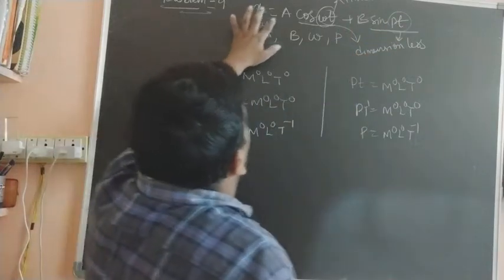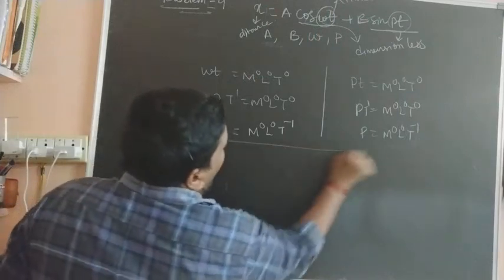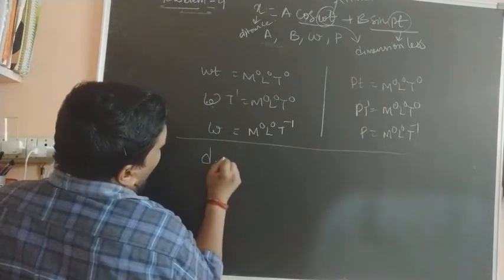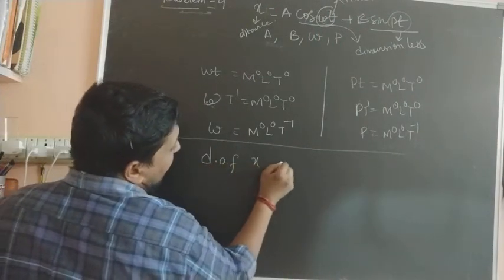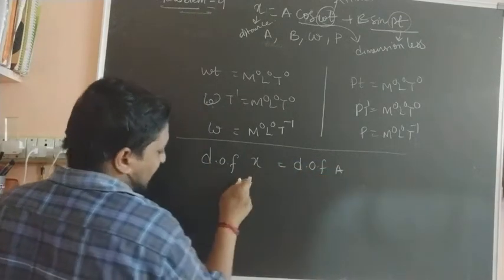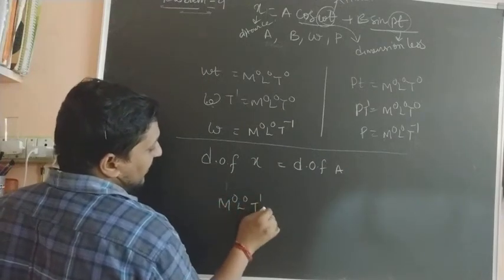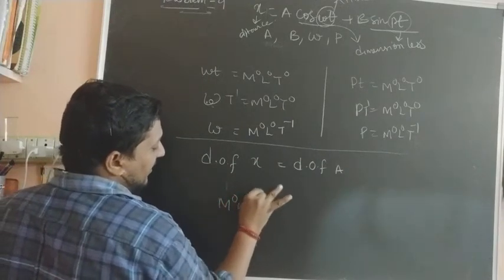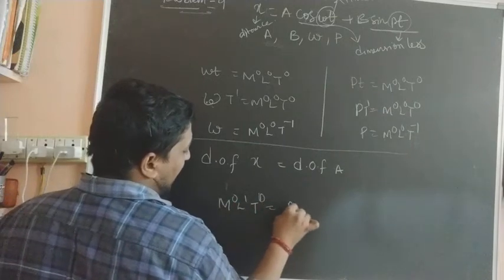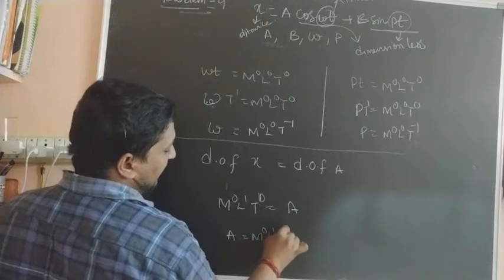Now let's see here. We need to find the dimensions of a and b. Then we need to go on with the regular process. The dimension of x is equal to the dimension of a. What is the dimension of x? M^0 L^1 T^0 equals a. A equals M^0 L^1 T^0.